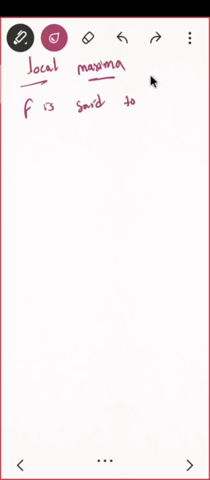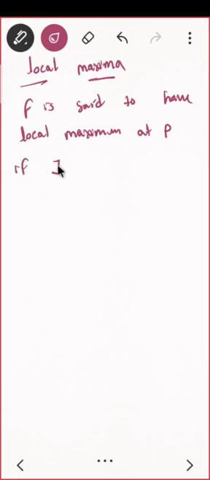A function is said to have a local maximum in some neighborhood, correct? There will be some neighborhood where you can find a delta in which only that point is maximum.